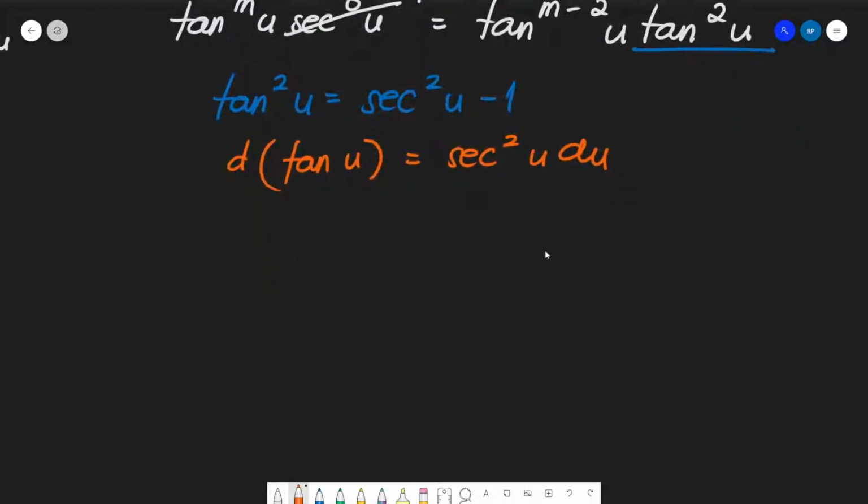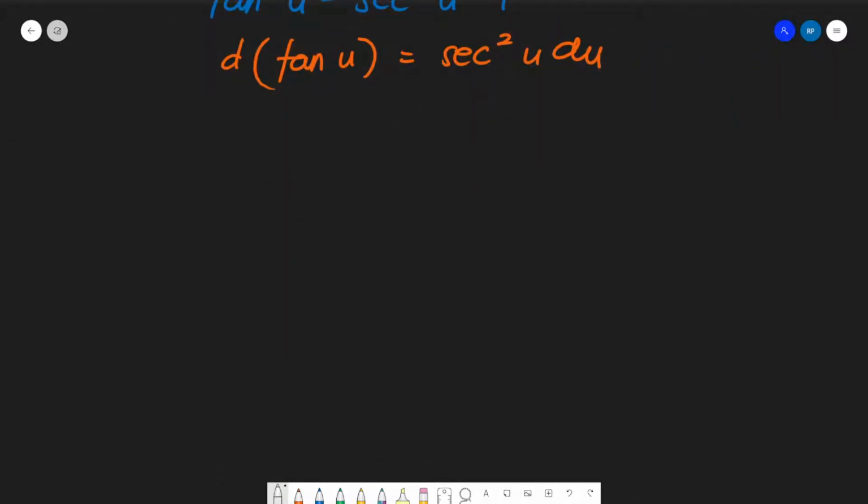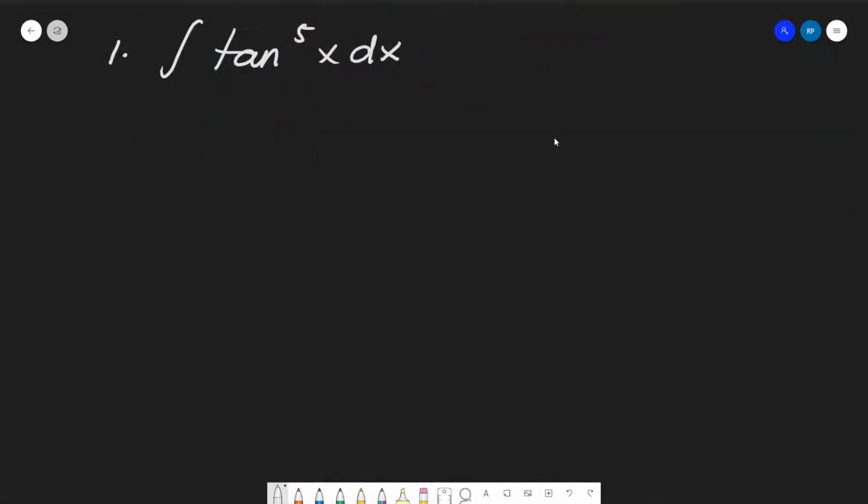Okay, so, gamitin natin example para mas ma-appreciate ninyo. So, number 3 or number 1 dito. We have the integral of tangent raised to 5x dx. So, obviously, wala yung secant, so case number 3, matik yan. So, magbabawas tayo ng dalawa.